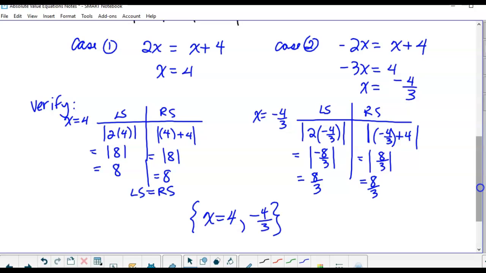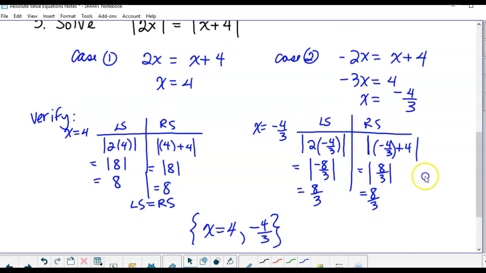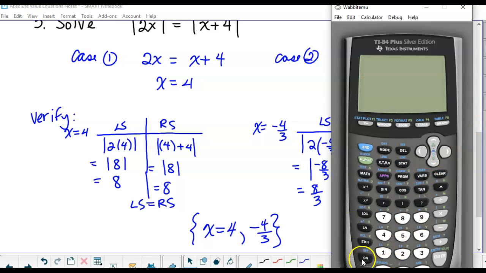If you want to check algebraically, then I'm just going to do it from here so I don't have to double click on everything. So you could bring everything over to one side. So math, num, absolute value, 2x, cursor out of the absolute value, then subtract math, num, absolute value, x plus 4.